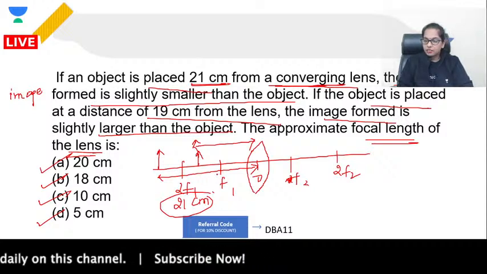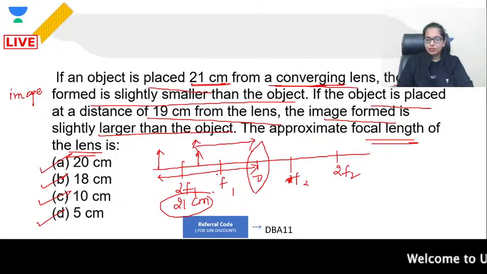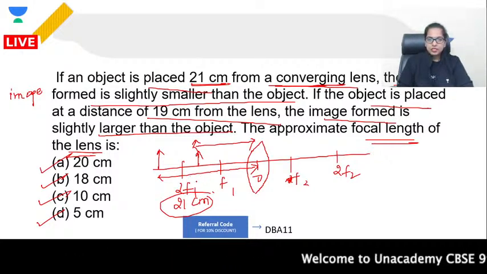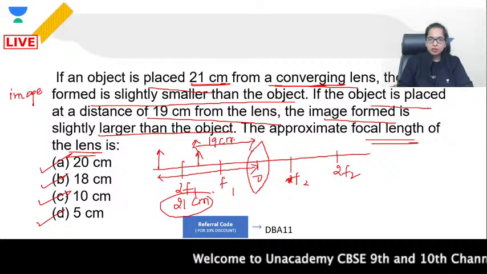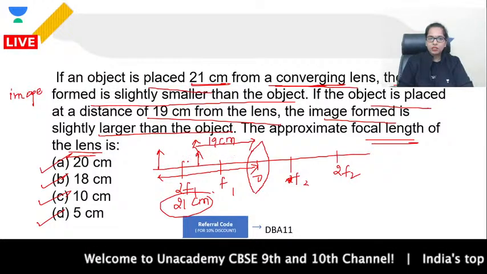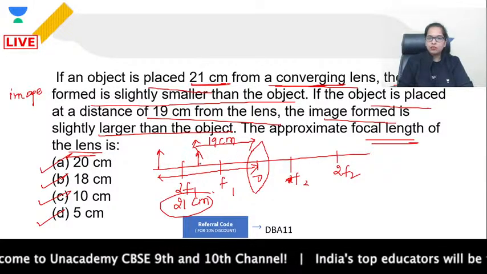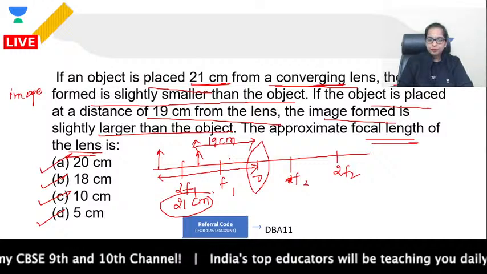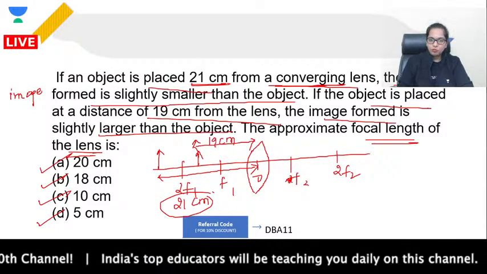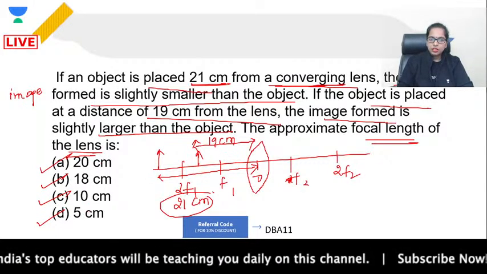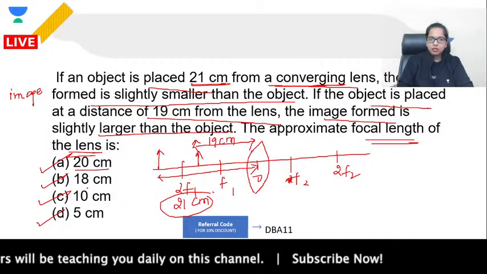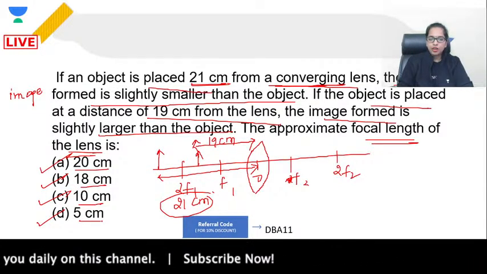Yeah, who got the answer? Lavanya, good. Saf, no, 18 centimeters नहीं है बेटा. ठीक है. So this is what 19 centimeters. इसका मतलब क्या है कि approximate focal length should be how much? If we are looking into the options, we are seeing 20 centimeters, 18 centimeters, 10 and 5 centimeters.